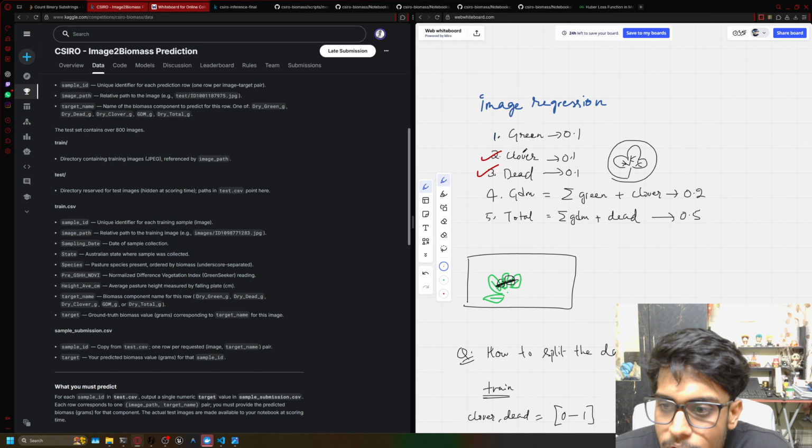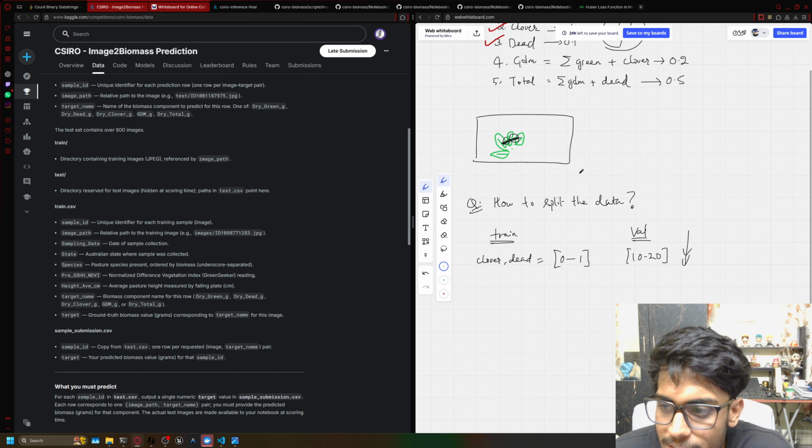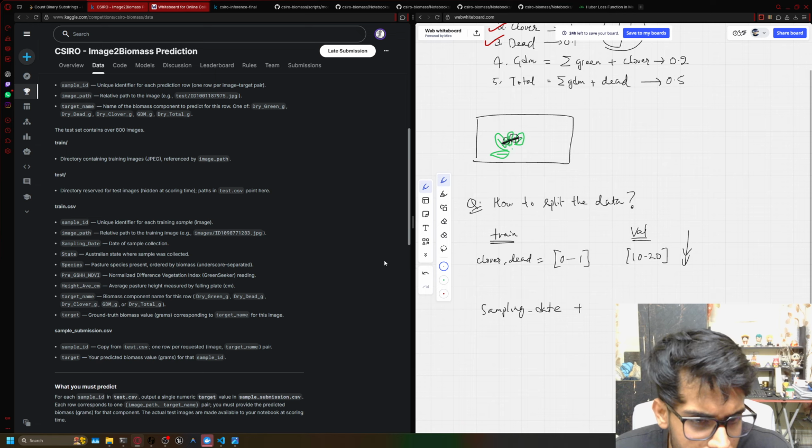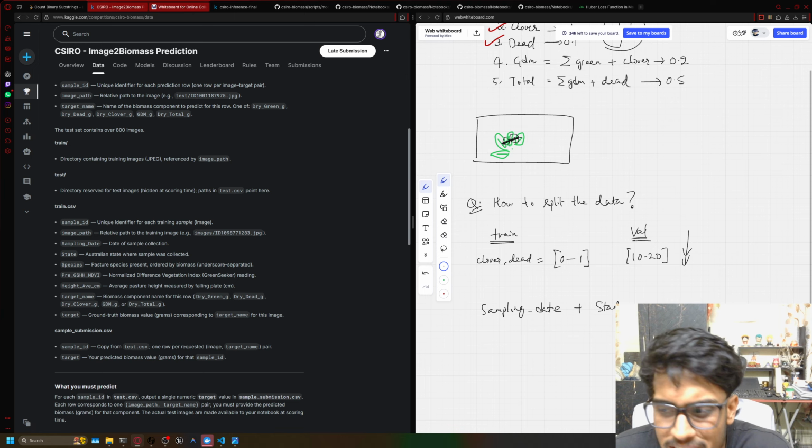For me, what I found out was, in one of the famous discussions in the competition, it was mentioned that if you split your data with respect to sampling date along with state, it was giving a good split.